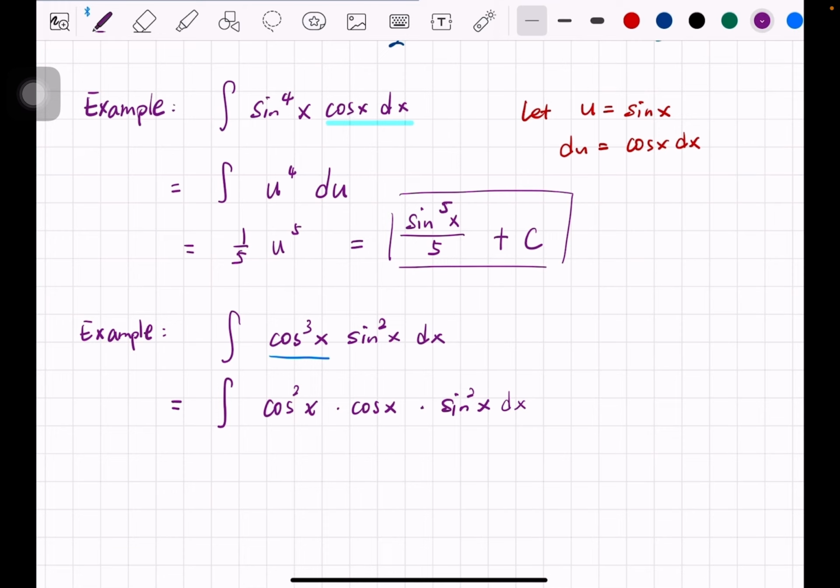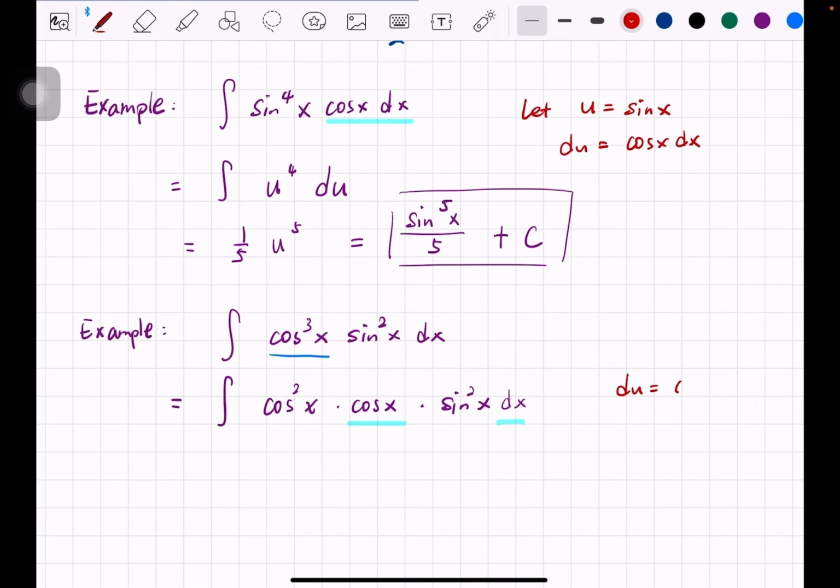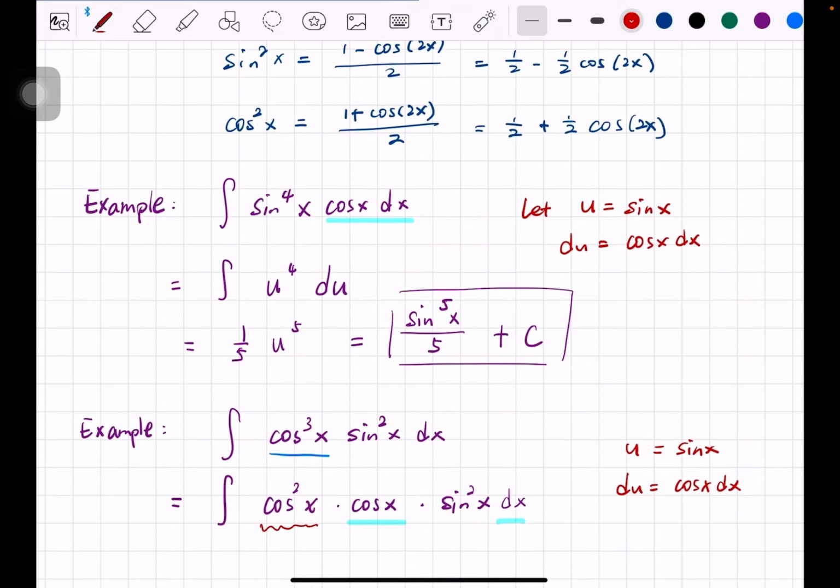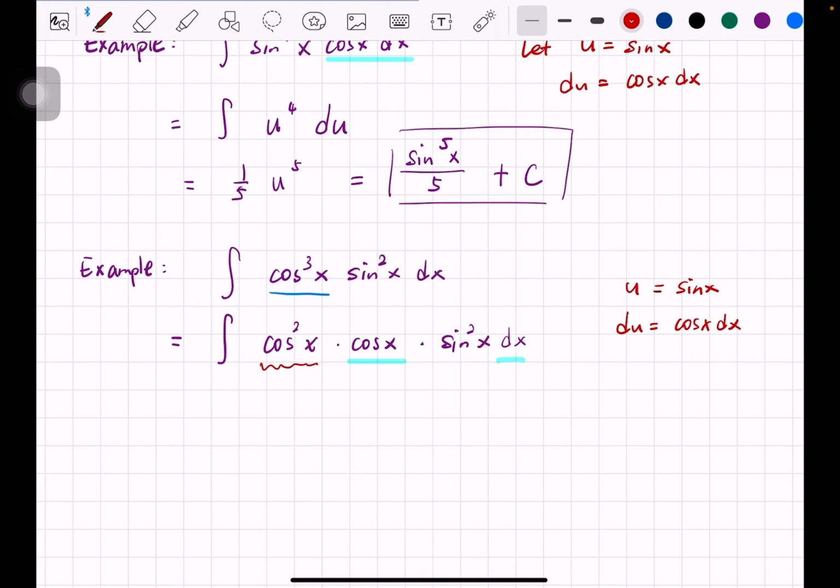Here the cosine x dx gives us the du, like the previous one. So du equals cosine x dx, and u is going to be sine of x. Since u is sine of x, we need to rewrite cosine squared x in terms of 1 minus sine squared x.